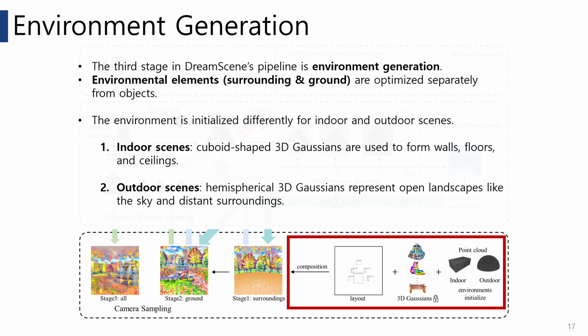For outdoor scenes, hemispherical 3D Gaussians represent open landscapes like the sky and distant surroundings. After initialization, objects are positioned according to the layout information with a fine transform.